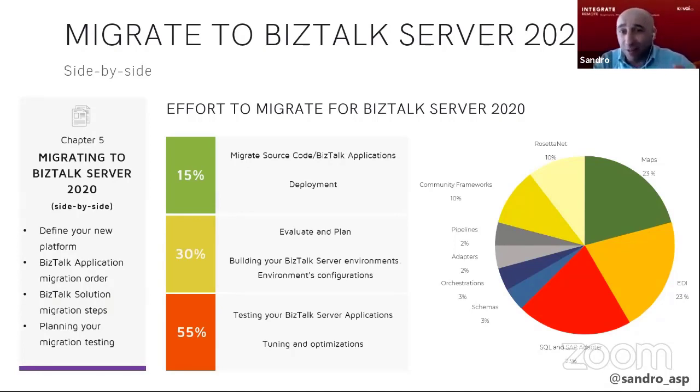It was deprecated for the last 15 years, but now finally was removed, but people are still using the SQL adapter, including Microsoft. So RosettaNet used the old SQL adapter, and the team redesigned everything to use the WCF SQL adapter. So you may get some constraints there, and you need to take a closer look at that.